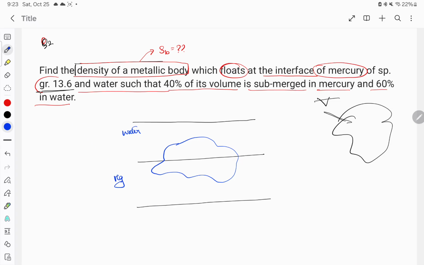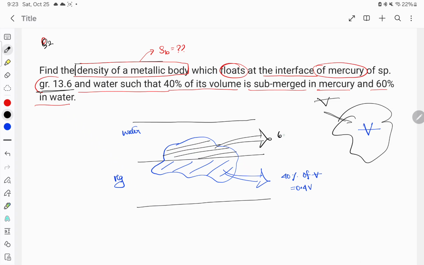Mercury will be below because mercury is heavier than water. And the other thing that has been said is that 40% is submerged in mercury, which means this volume is 40% of the total volume of the body. Suppose the total volume is V, so it's 0.4 V. And in the water they have said that it is 60% of the total volume, which is 0.6 V.